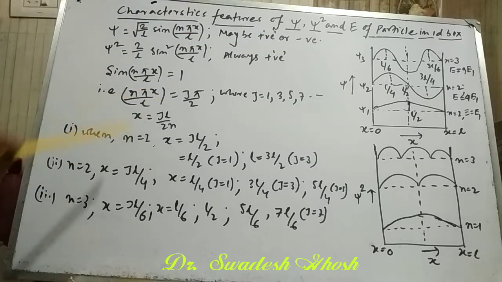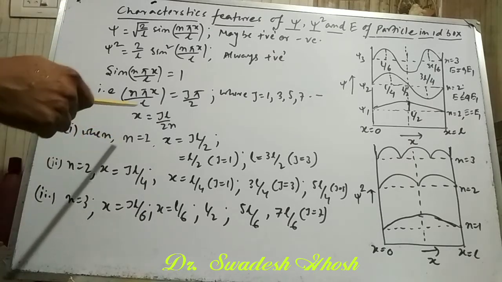Now x is equal to jL by 2n. In the previous class we already discussed that n equal to 0 is not acceptable, so the minimum value of n is 1.